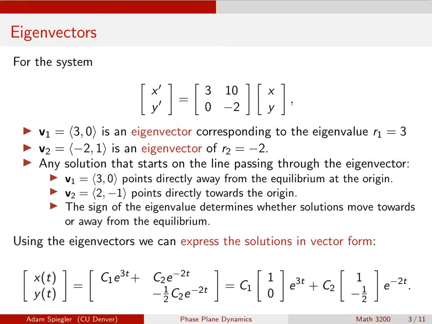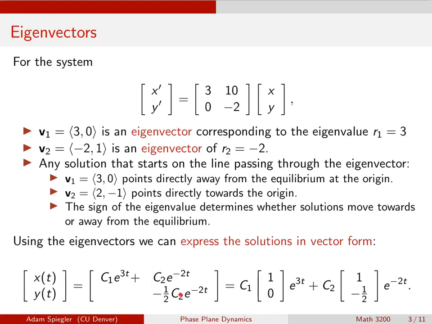We could write this in vector form by writing out the terms that involve e^(3t) as a product of vectors: the constant c1 times the column vector (1, 0) times e^(3t).